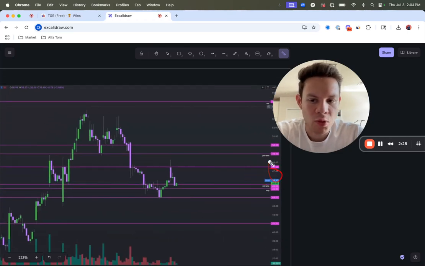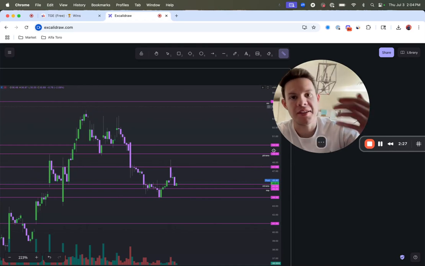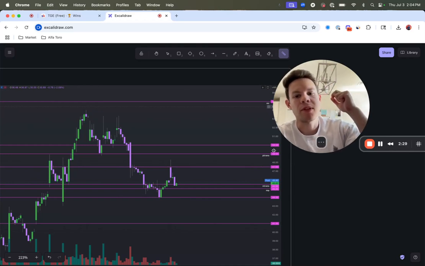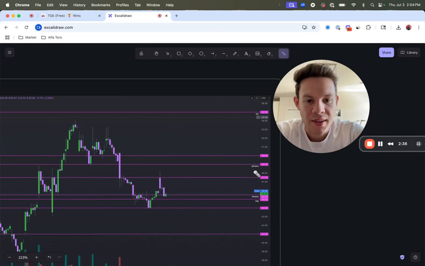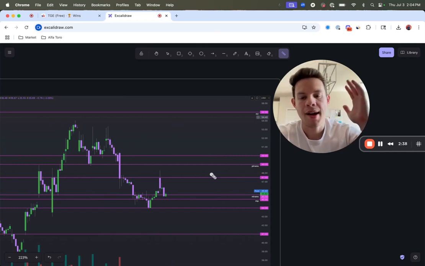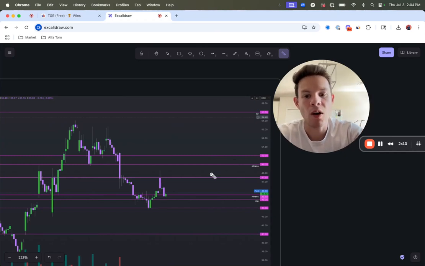These levels are coming from a tool called Gextron. Gextron is my tool where it grabs the entire option market for this specific security, and it says, based on the option premiums, here are the biggest key levels, which can act as a level of resistance or support.